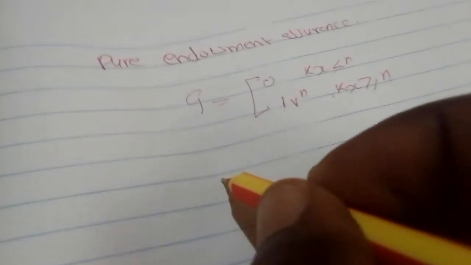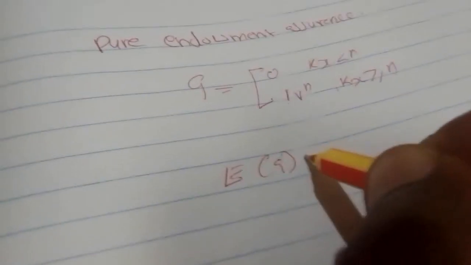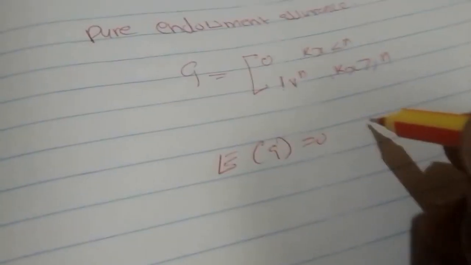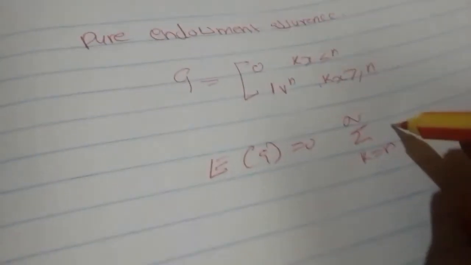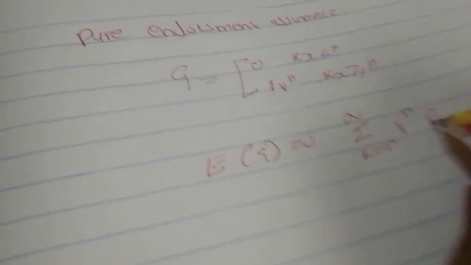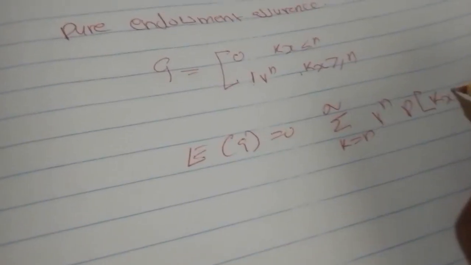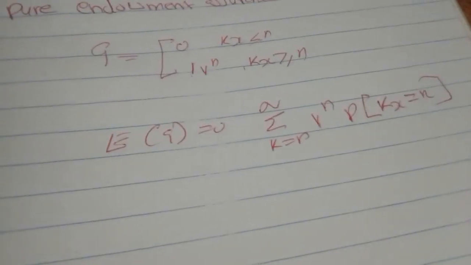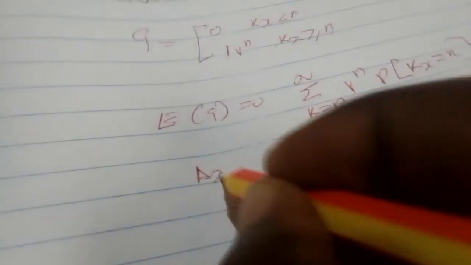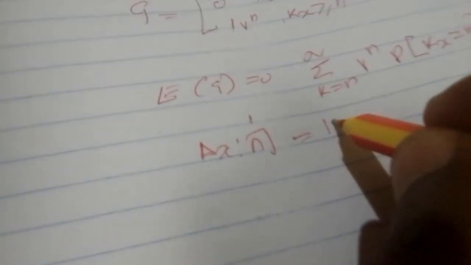So the sum assured is equal to v^n times npx.